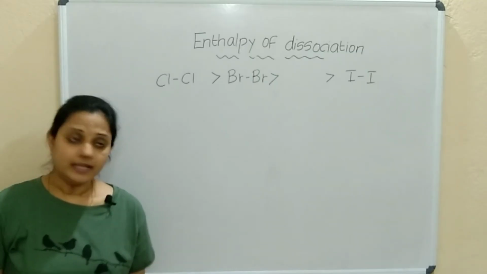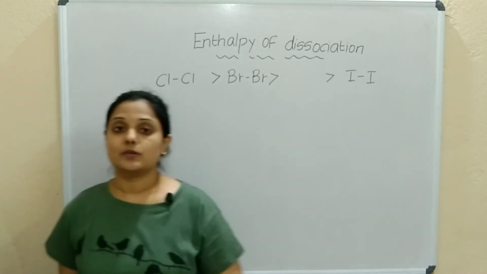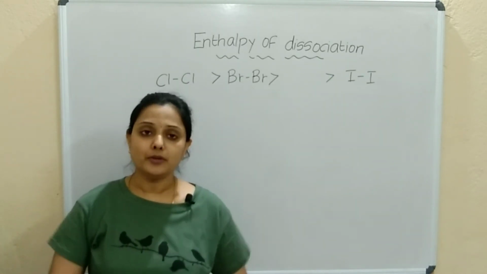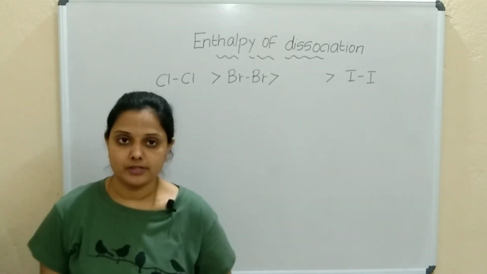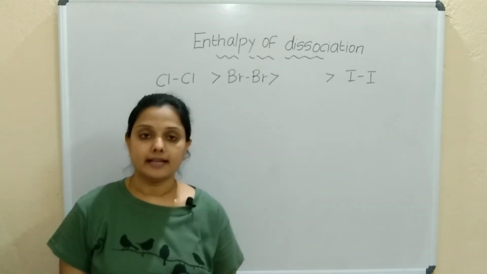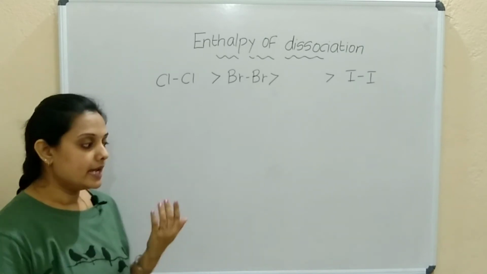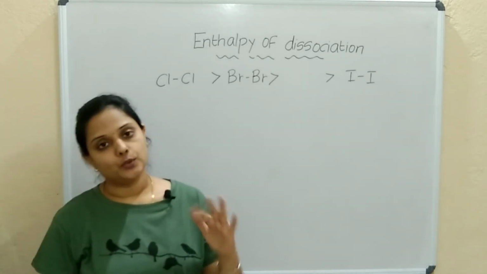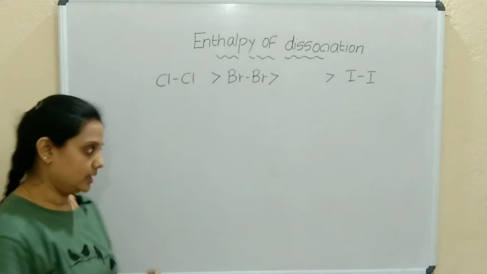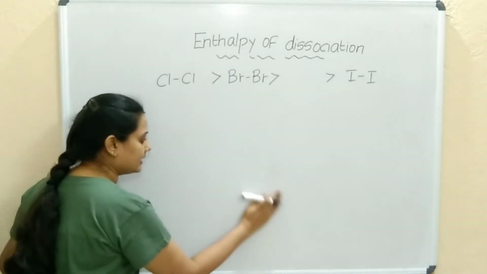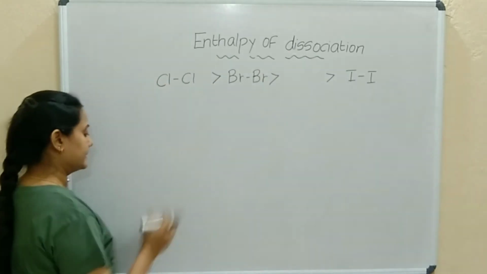See the next property: enthalpy of dissociation. Energy needed to dissociate. We know halogens exist as diatomic molecules, that is F2, Cl2, Br2, I2, correct? Now we will check the trend first, then I will explain this.